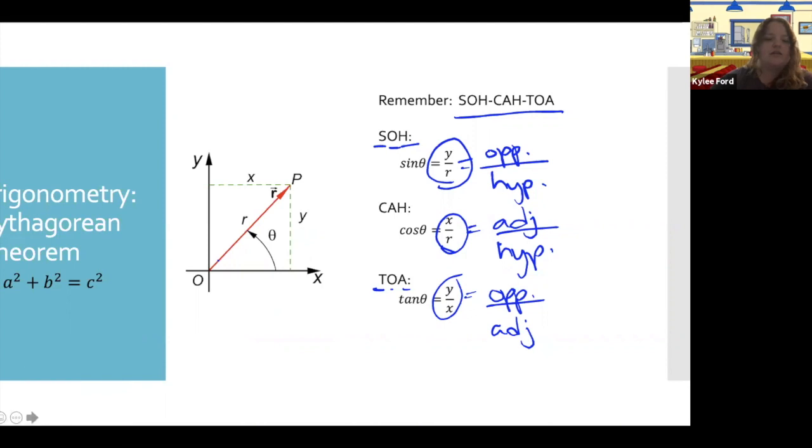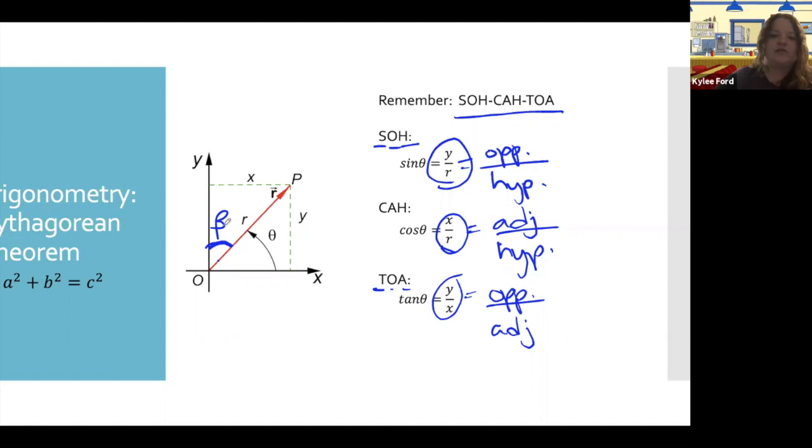So instead of looking at our theta here, let's draw another angle here, and we'll call it beta. Okay, it just looks like a funny B. So now we're looking at a different angle.